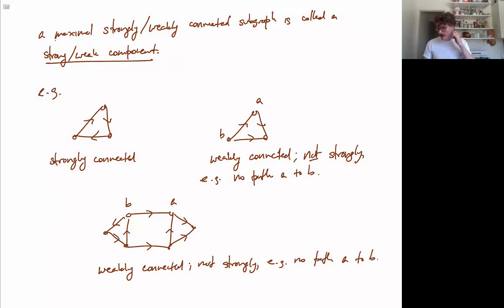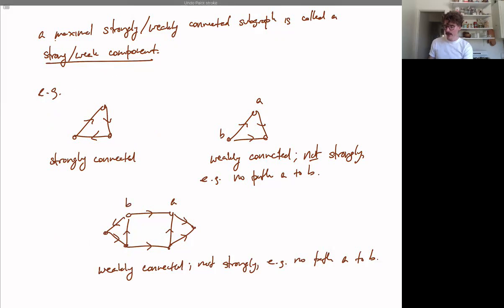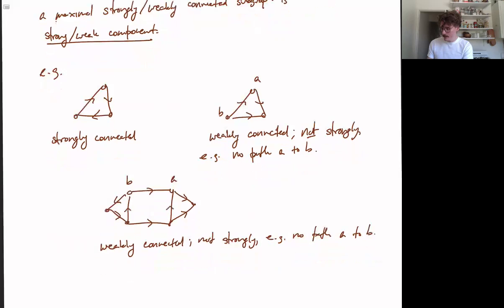So let's dig a little deeper. We know that these two sides are not in the same strong component. So let's look at those sides individually. On this side, our edges are going in a circle. So this is the case over here. This is strongly connected. Since it's going in a cycle, we can get to any point from any other point.